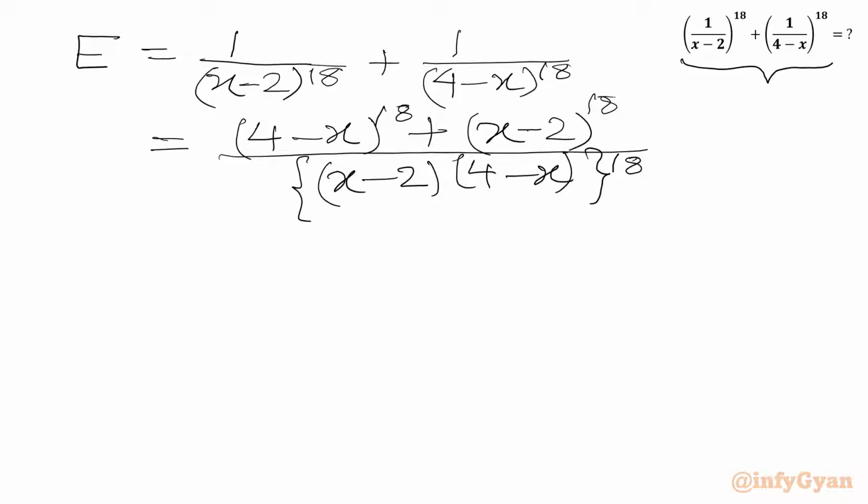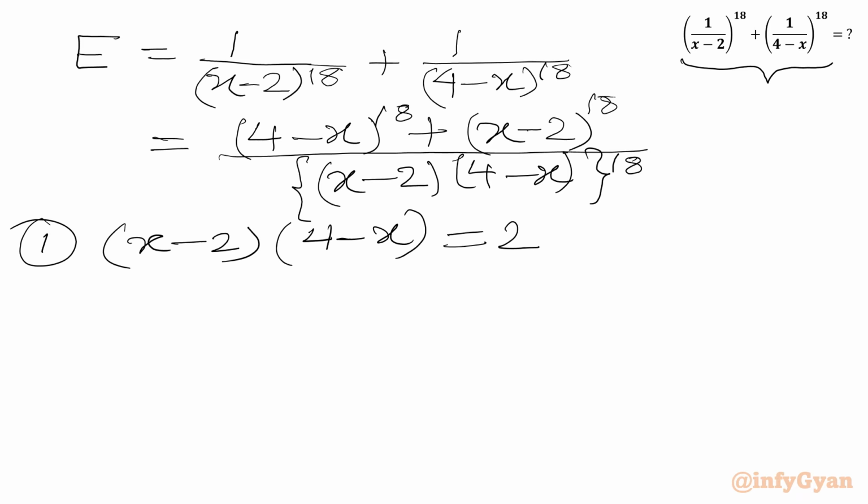Now our equation 1 was (x - 2)(4 - x) = 2. So here we are going to put 2.